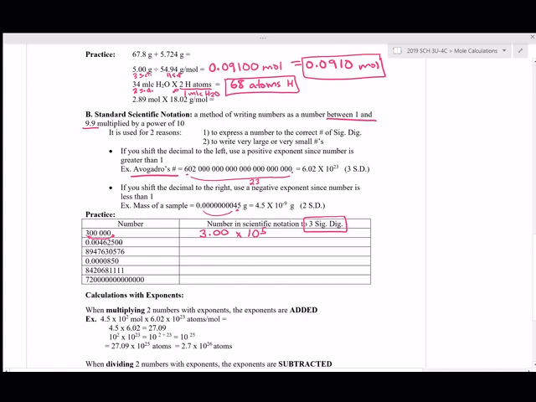Here's one where we'll use a negative exponent. 0.0046. I want that number between 1 and 9.99. So my new decimal has to go right there. So it'll be 4.6. If I count up, I've moved it 3 spaces.